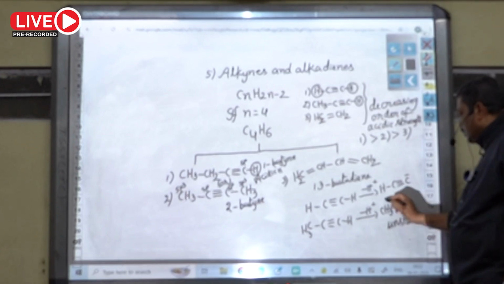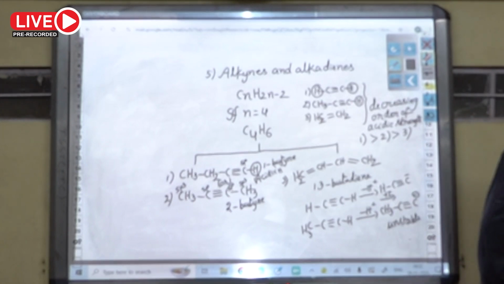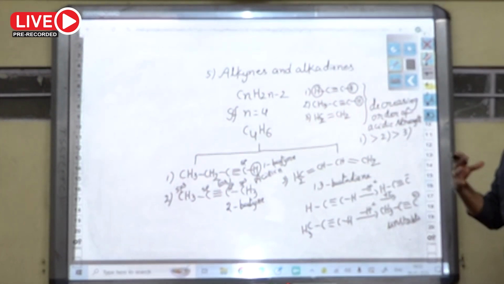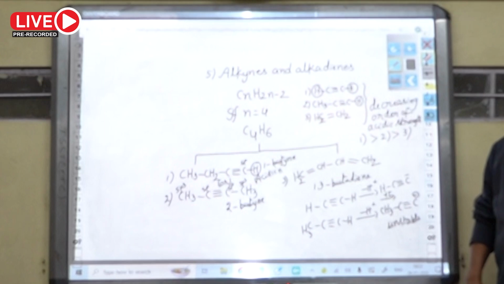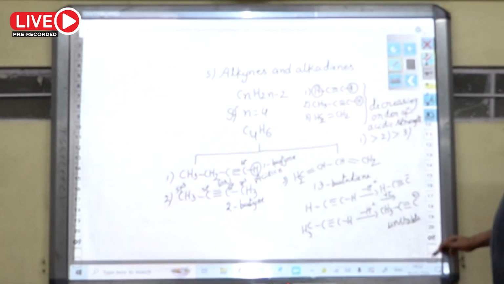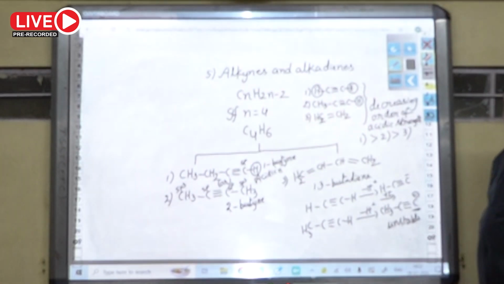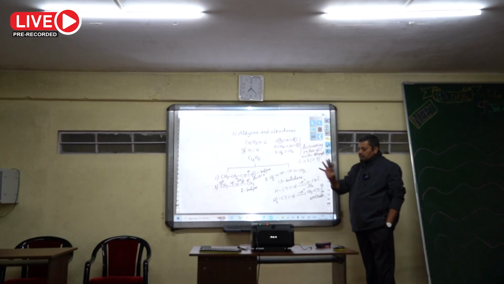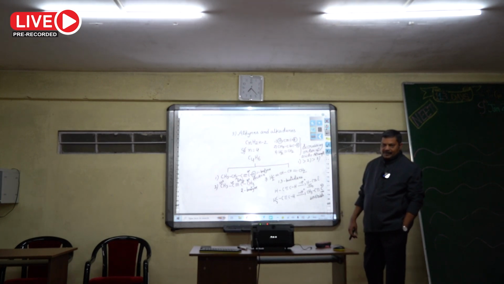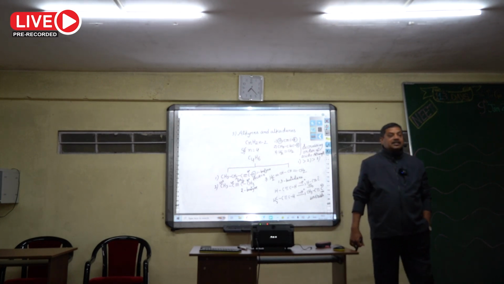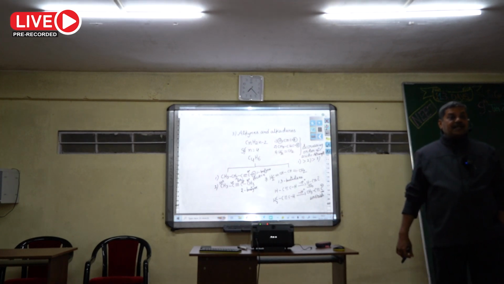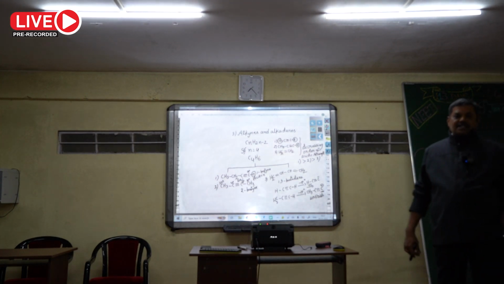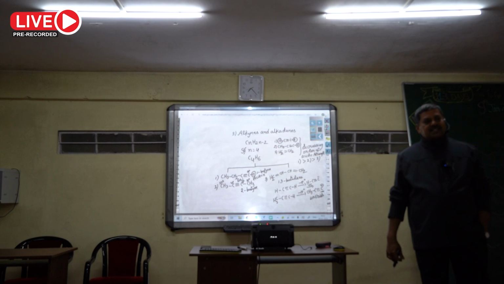Because the methyl group is a plus I group, electron releasing. It is electron pushing. When it pushes electrons, more negative charge will be accumulated on the carbon. Charge accumulation is always a destabilizing factor. Charge dispersal is always a stabilizing factor.